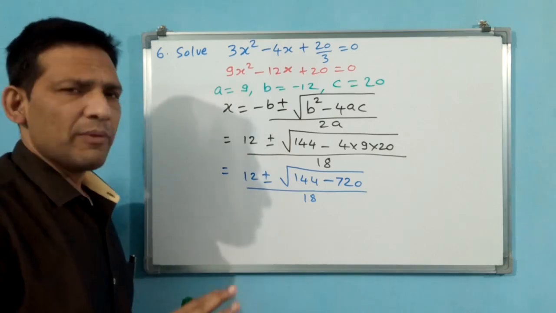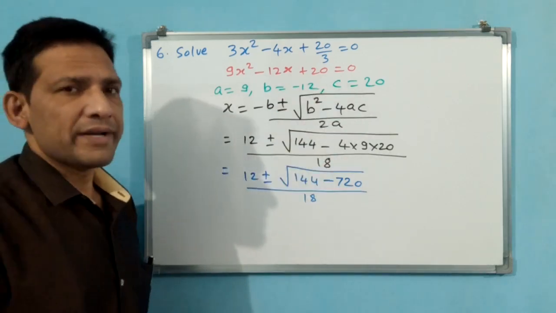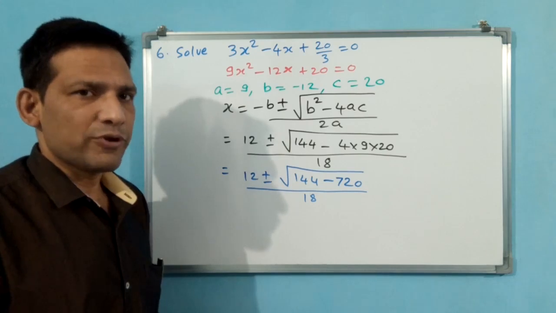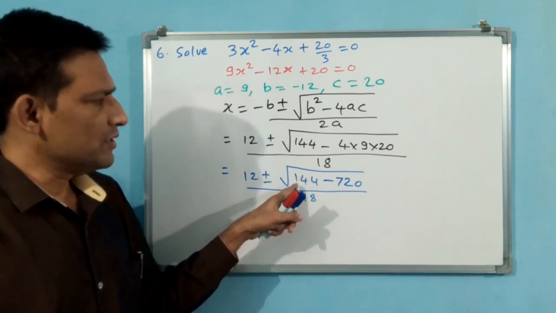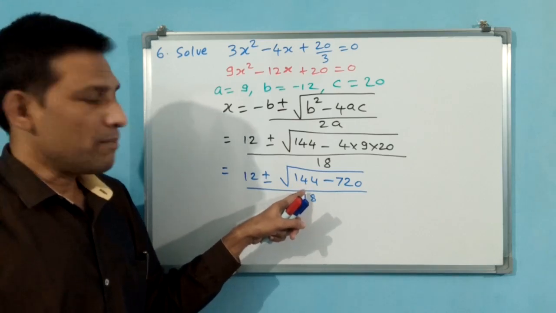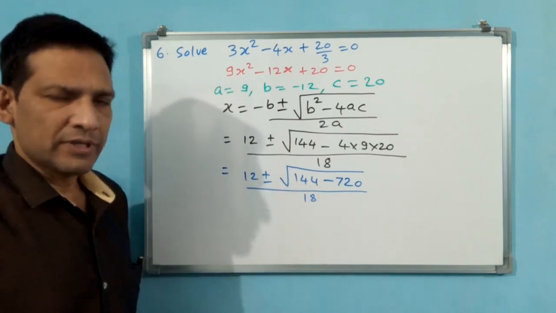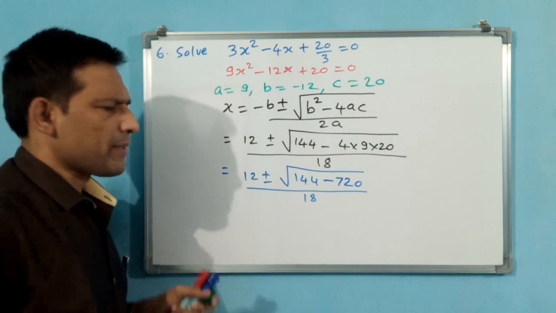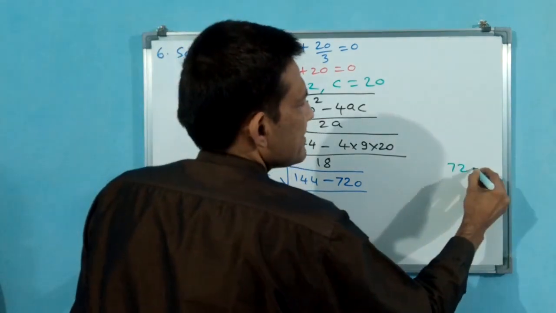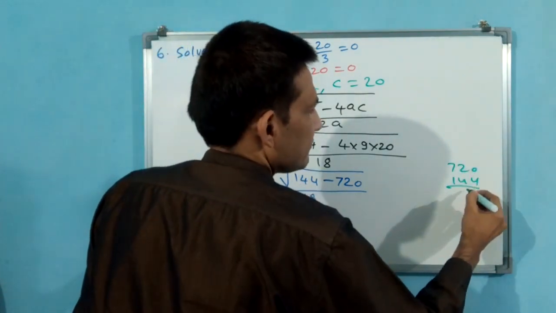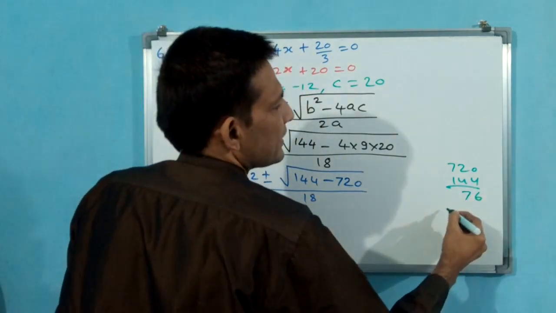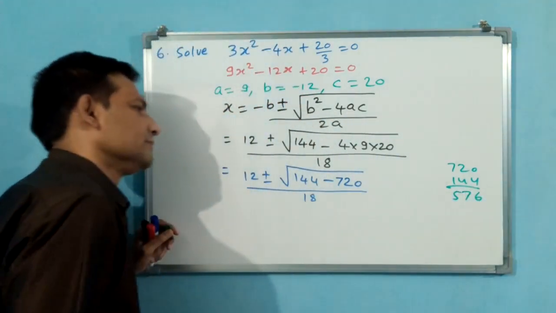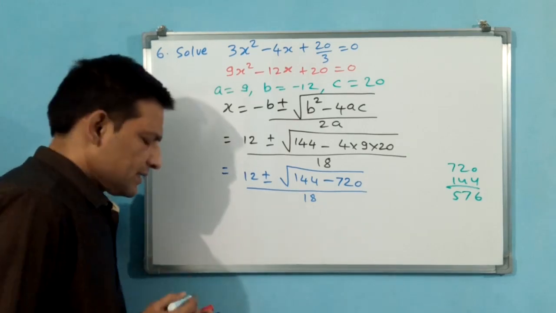See, now we are in complex numbers. No ordinary quadratic equations are going to come. All equations are going to come in i form only. That means square roots of negative values are going to come. 720 minus 144, see, 576.